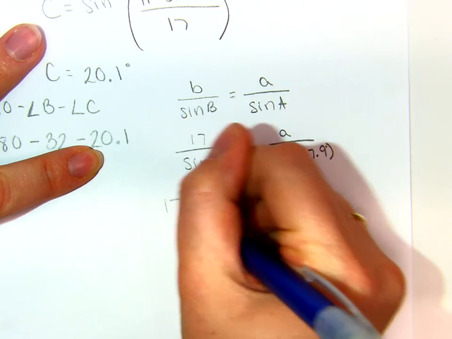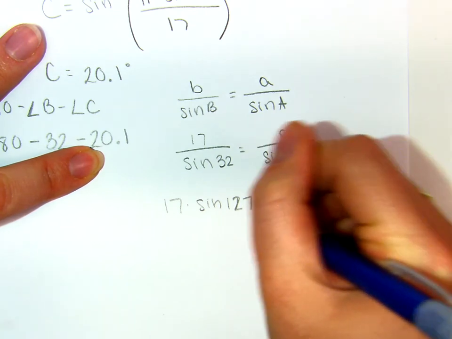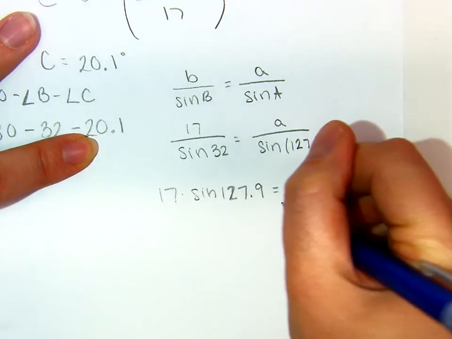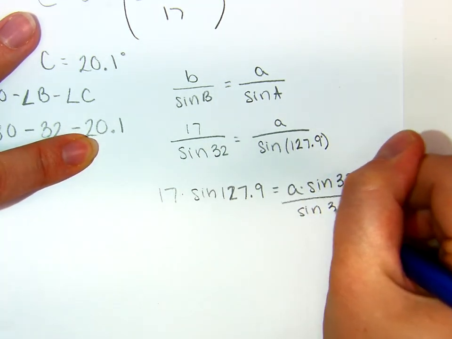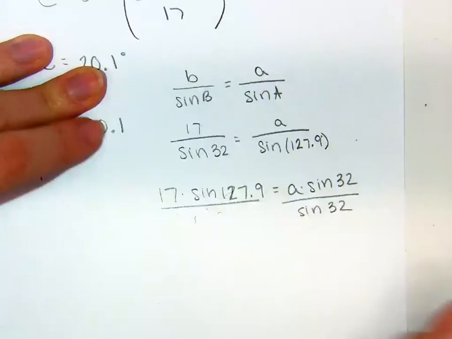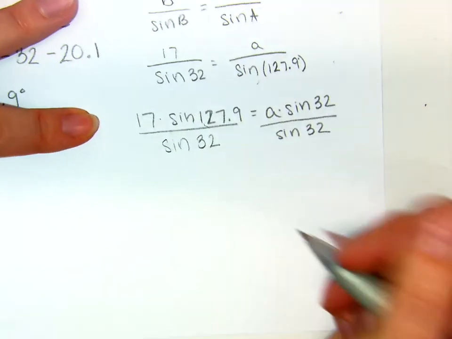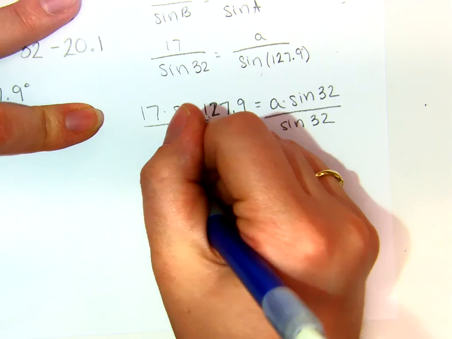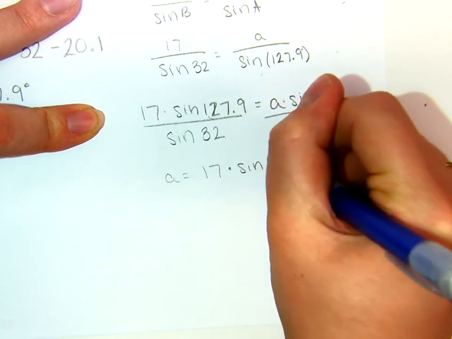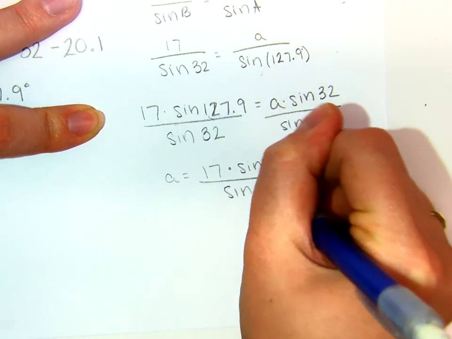So I'd have 17 times the sine of 127.9 equals A times the sine of 32. Divide by the sine of 32. So I would get A is equal to 17 times the sine of 127.9 divided by the sine of 32.